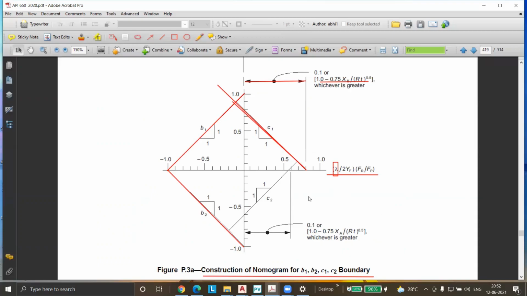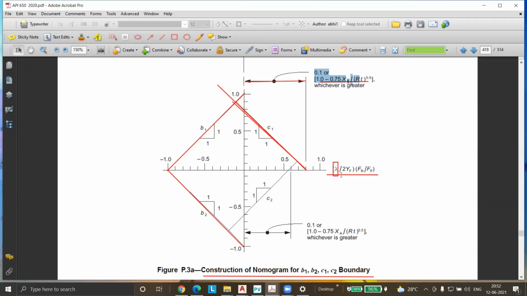In this case this is larger, by look. We will calculate the value, then only will we know which is larger. But if the graph is coming like this, that means this is larger. So this point is the maximum value of lambda divided by 2, YF FR by FP. If this value is coming at 0.6, it will become equal to 0.6 maximum.